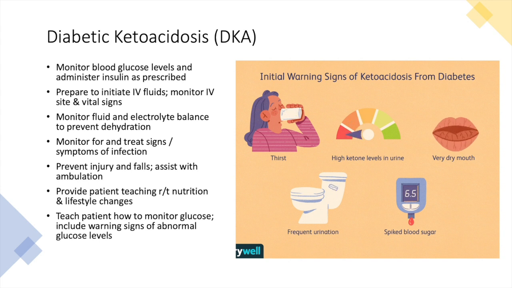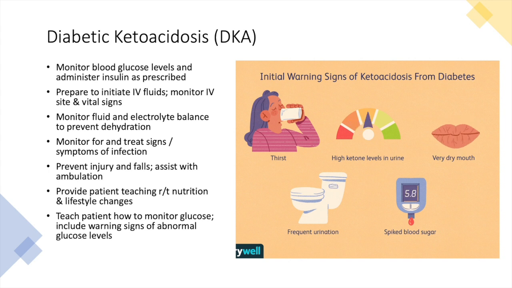Typically, you're going to have an IV bolus of insulin, might even have a bolus of normal saline, because the priority treatment is going to be restoring fluids and electrolytes and regulating those glucose levels.